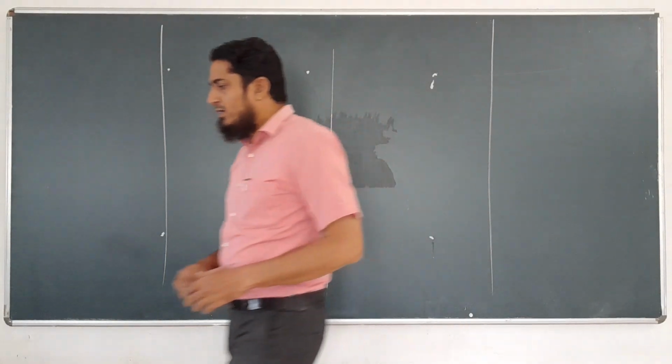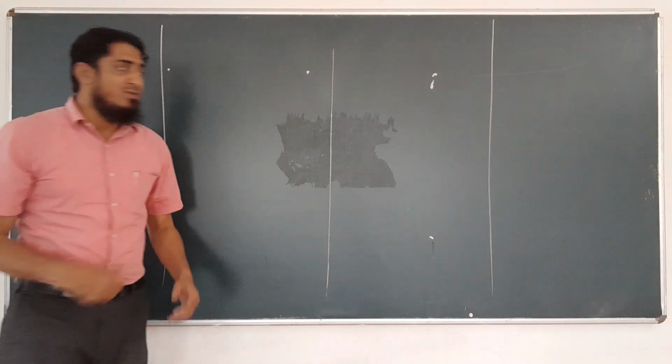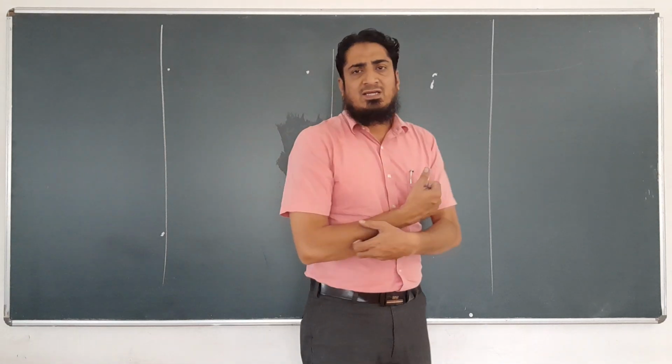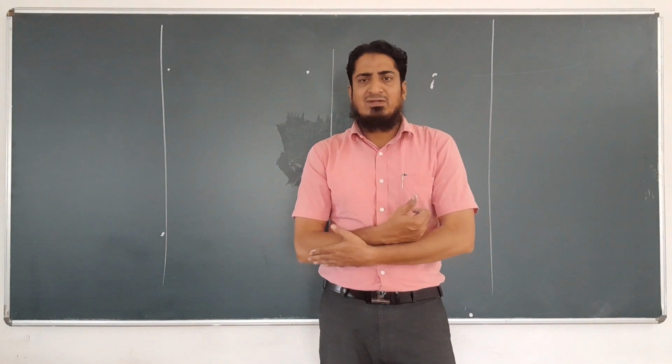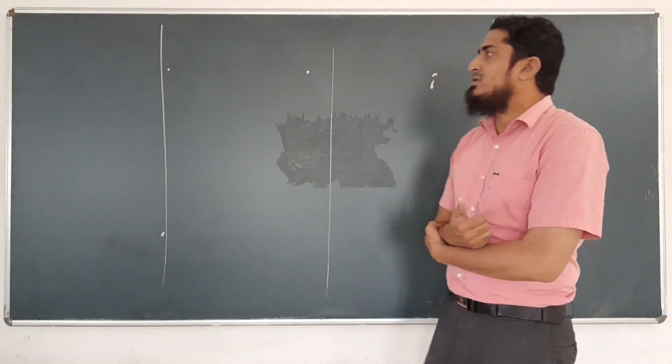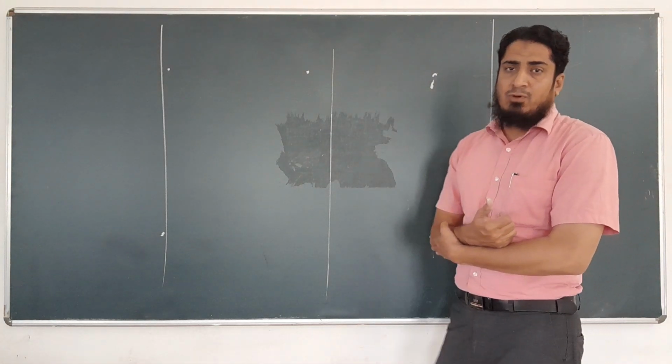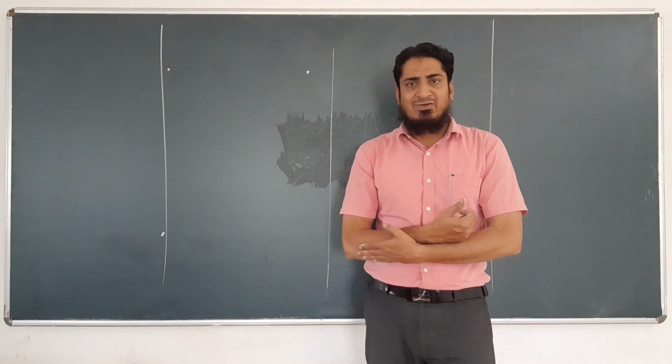As you know, we are studying integral transformation, in which we are studying the special functions beta and gamma function. In the previous lecture we saw the definitions of beta and gamma function. After that we saw some basic elementary properties of beta and gamma function.